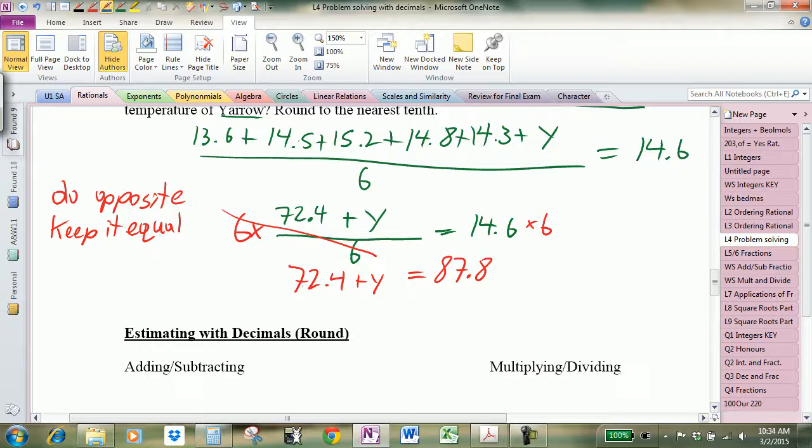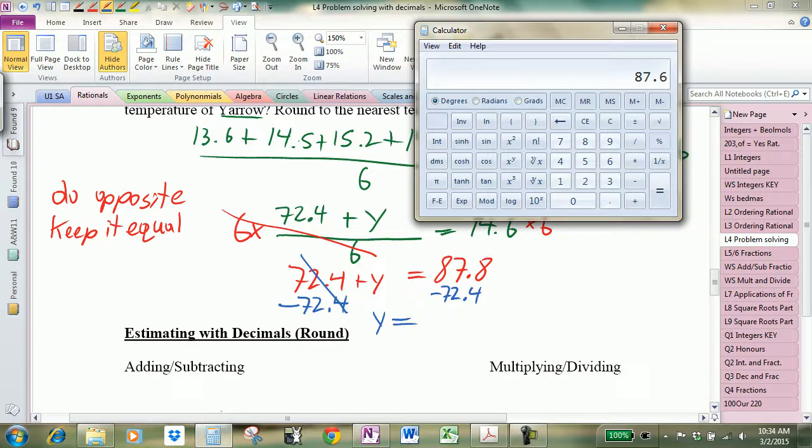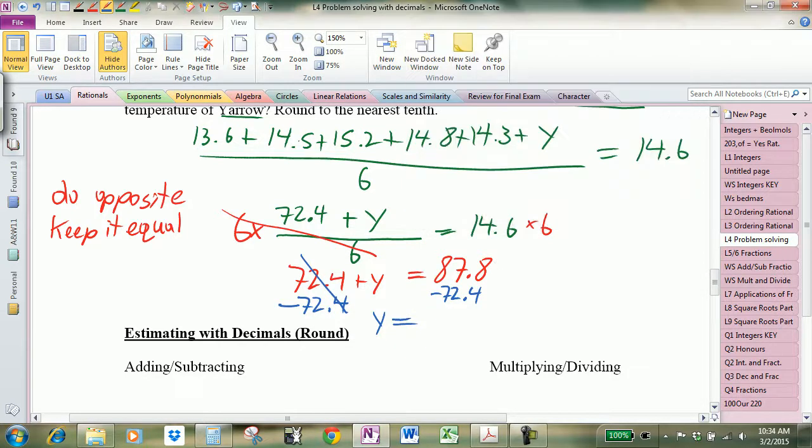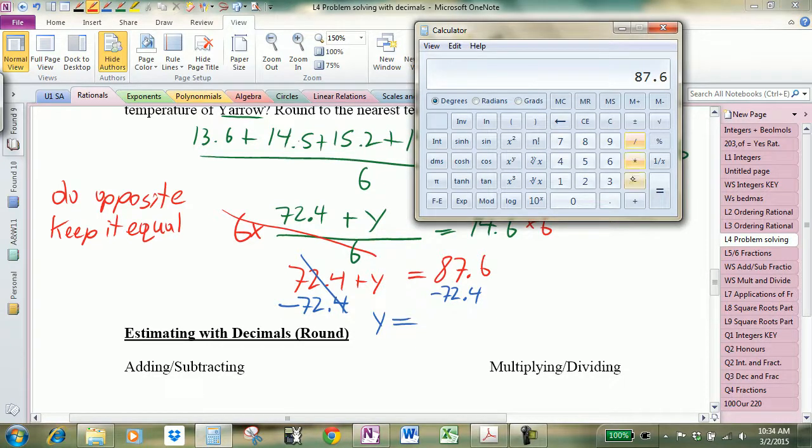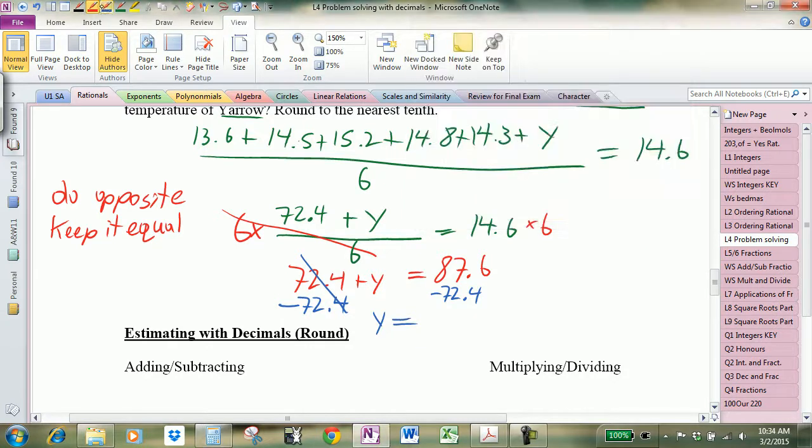Now, I'm adding 72.4. So what's the opposite of adding? Subtracting 72.4. So the left side cancels. You're left with y equals. Go to the calculator for the right side. That should be a 6, by the way. Minus 72.4, 15.2.